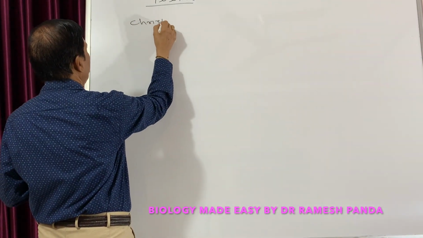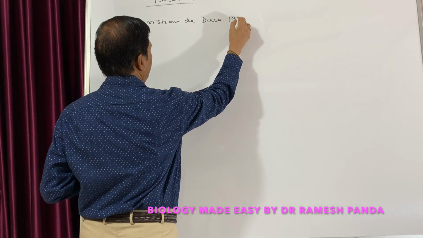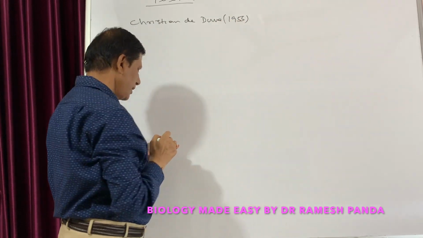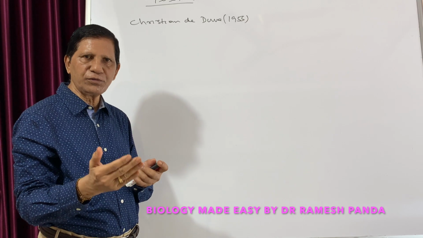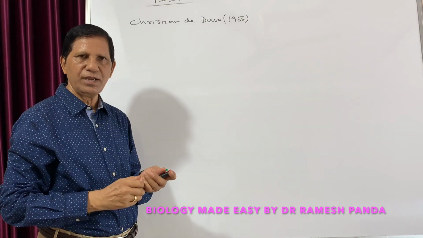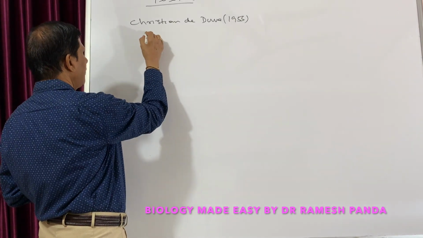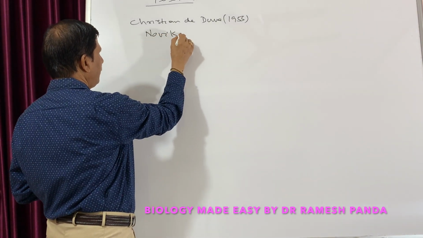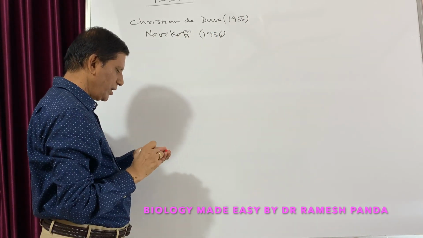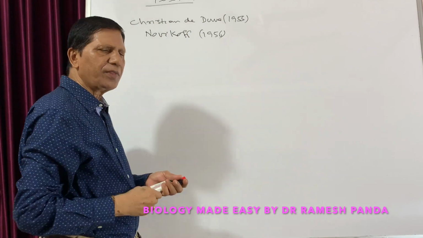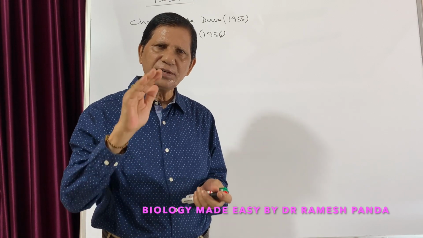This was discovered not by observation through a microscope, only through different biochemical analysis, but through the electron microscope it was observed in the next year by Novikov in 1956.